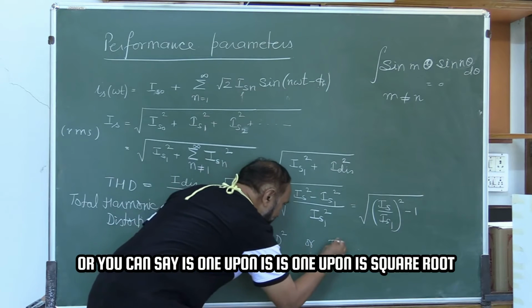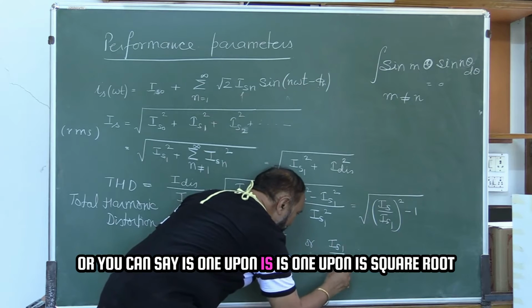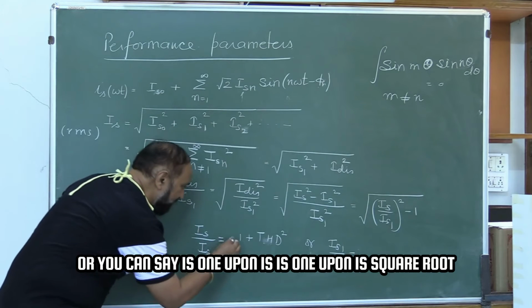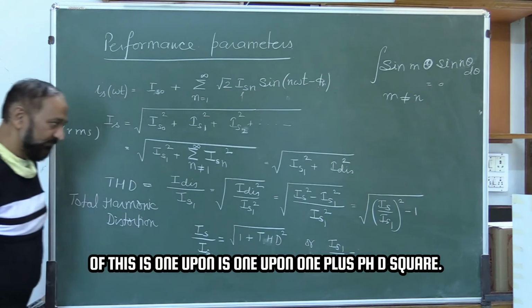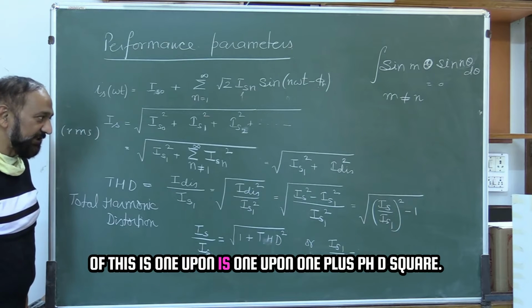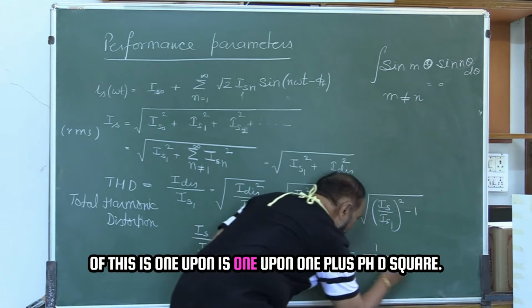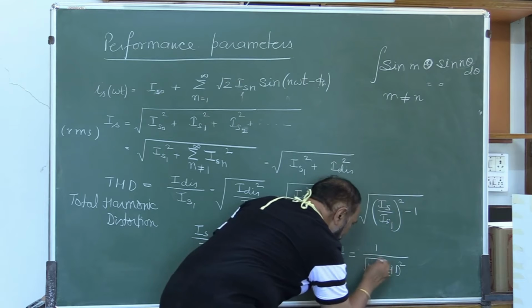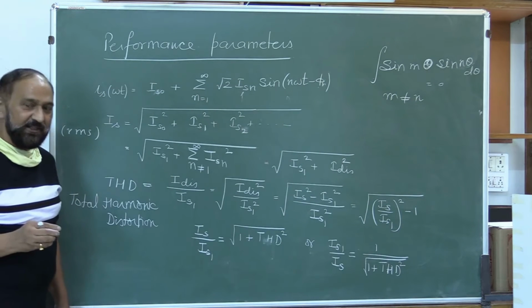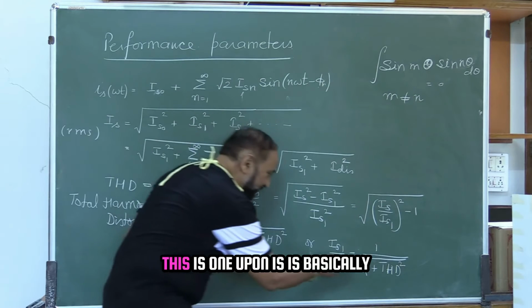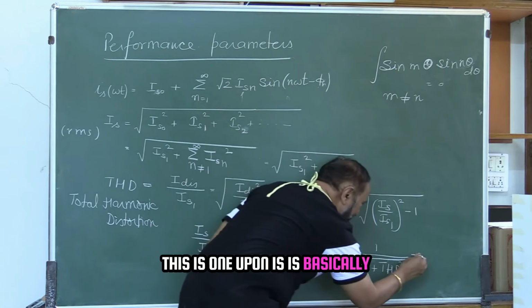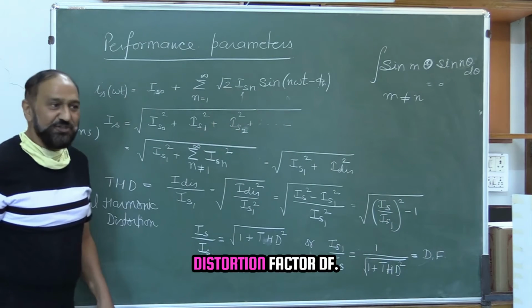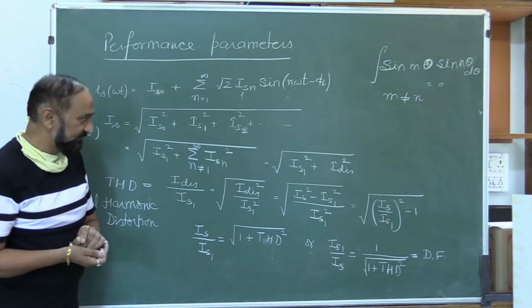Or you can say IS1 upon IS is 1 upon square root of 1 plus THD squared. This IS1 upon IS is basically called distortion factor, dF.